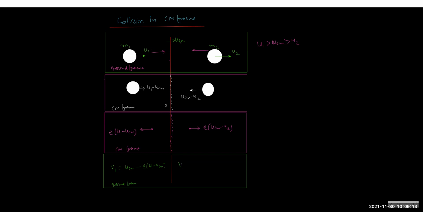And similarly, the second particle velocity in the ground frame, which I'm calling as v2. So the center of mass is going right, and the particle is also going right with the center of mass. So net will be UCM plus e times (UCM minus u2). So now what we are interested in is simplifying v1 and v2. And if you simplify, we get something very interesting.